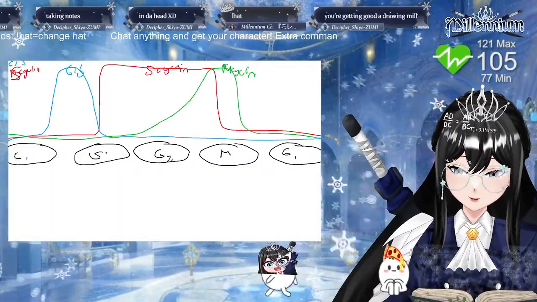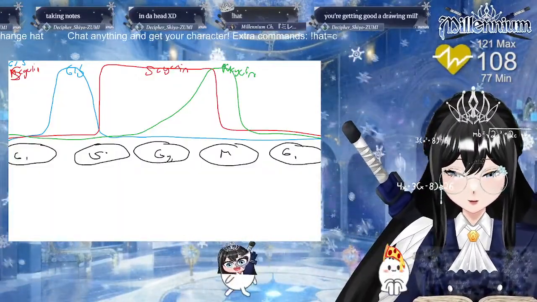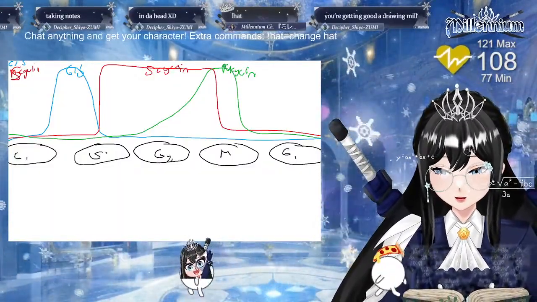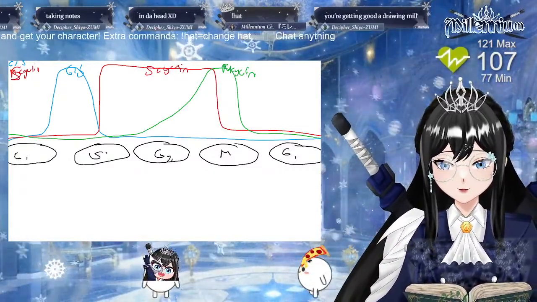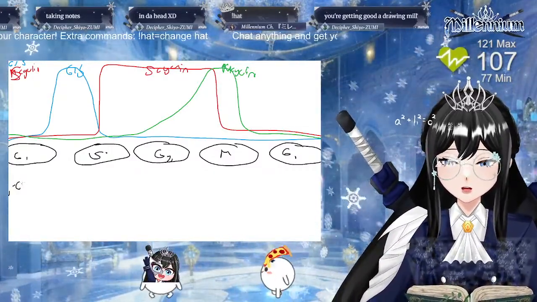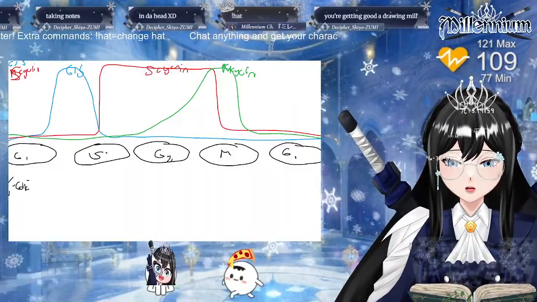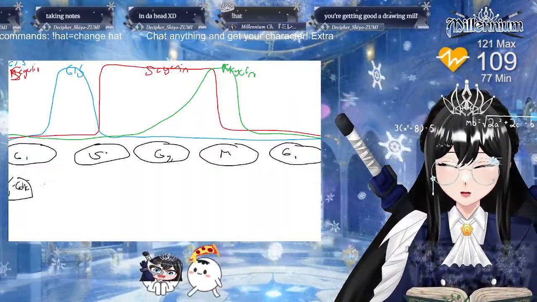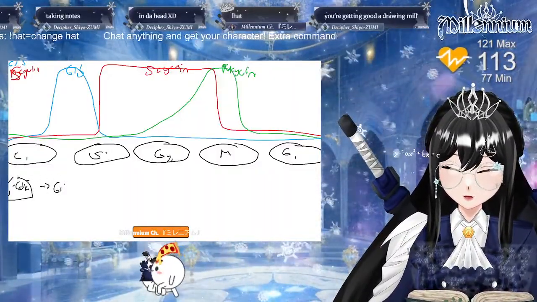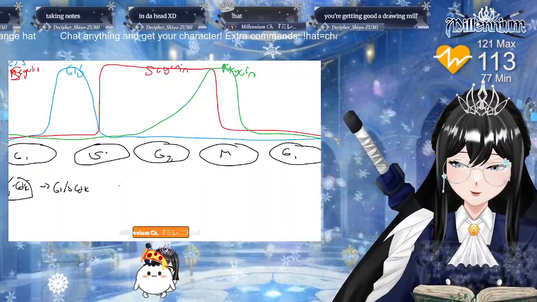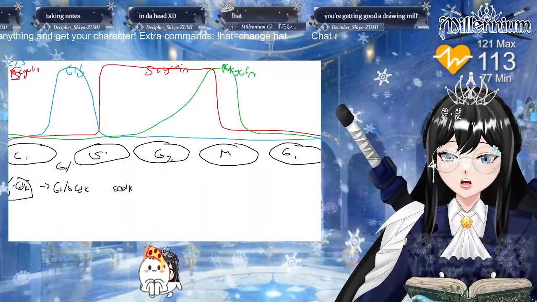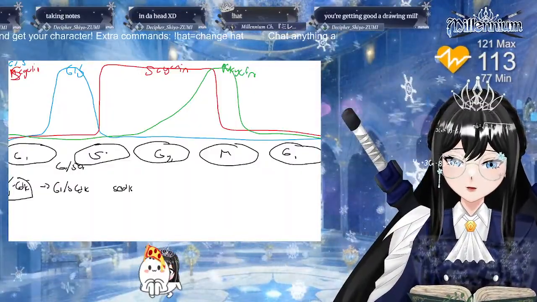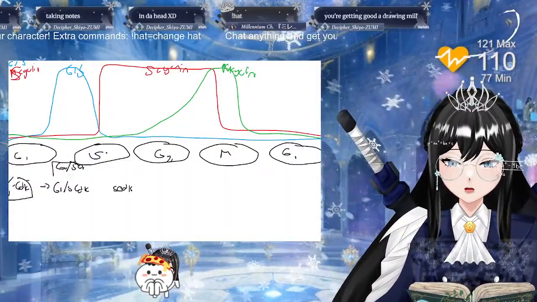Okay, there's a couple more, like the G1 CDK. You have the G1 CDK, this one. And then it goes to the G1/S CDK, S CDK, G1/S checkpoint. The checkpoint will be a square.